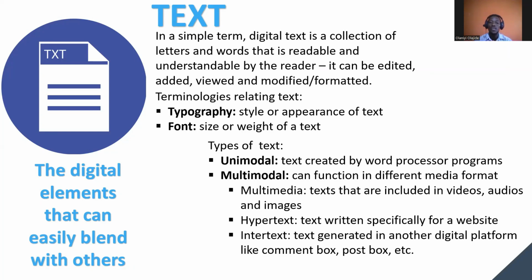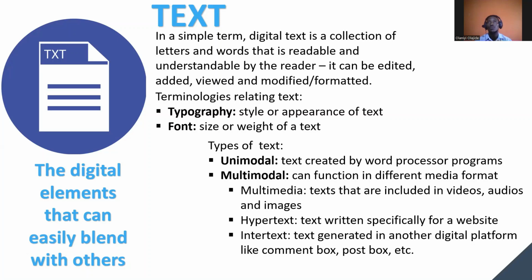Now, the multimedia types of text are those texts included in video. You watch some videos, you see some text in the videos. You see captions, right? You see what we call subtitles. So those are multimodal text. And then you see some audios too.